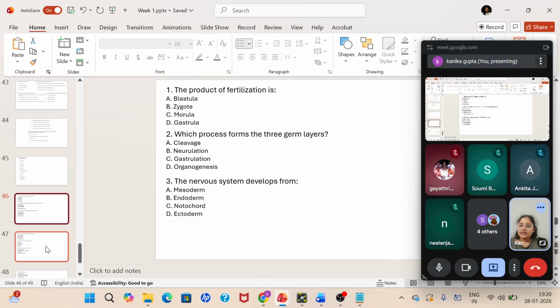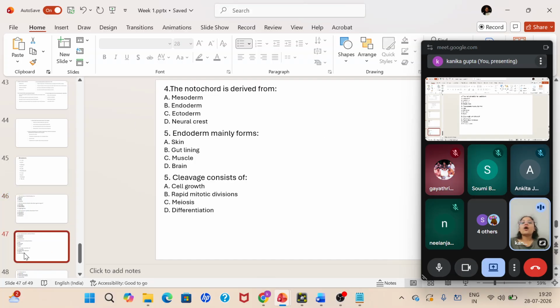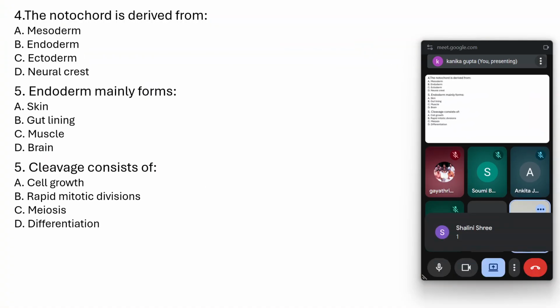Good. Next question. The notochord is derived from. Yes, it is derived from mesoderm. Good. Next question is, endoderm mainly forms.